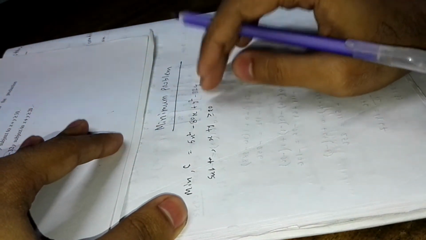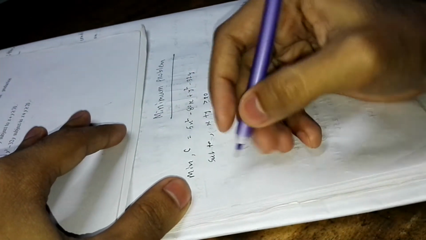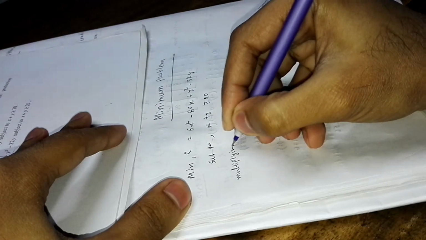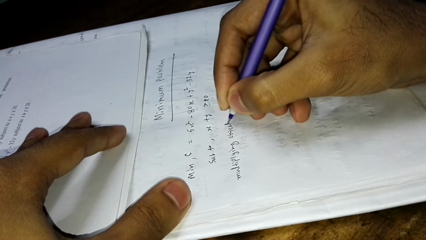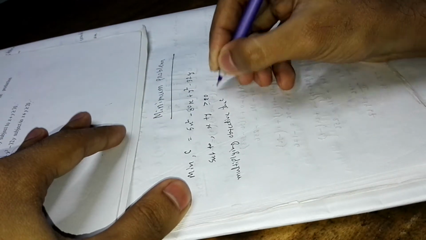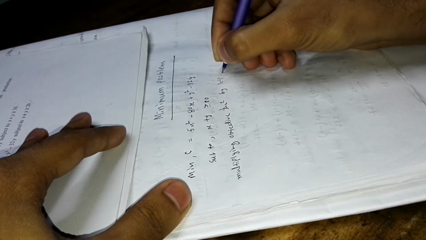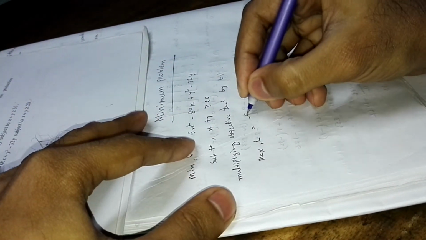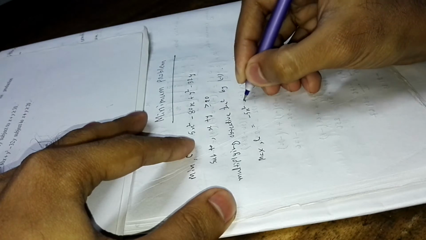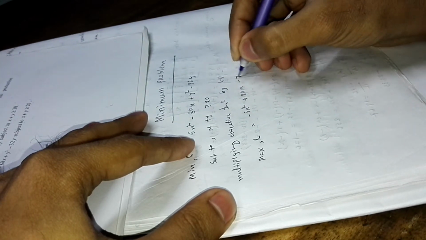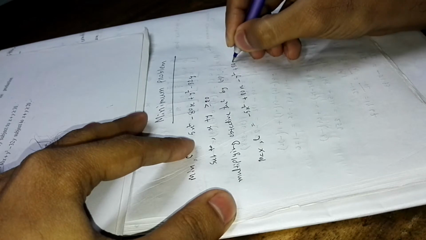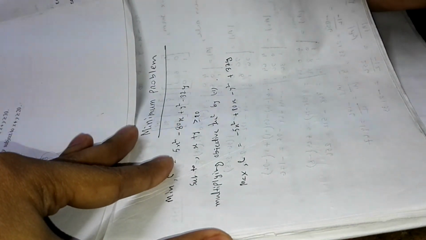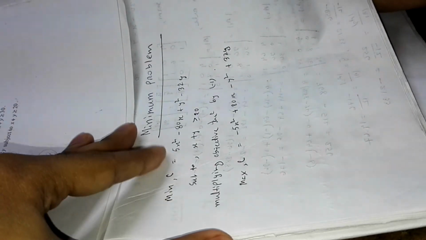That will turn this problem into a max problem. So max c will be minus 5x squared plus 80x minus y squared plus 32y. This is our max problem, obtained by multiplying the objective function by minus 1.